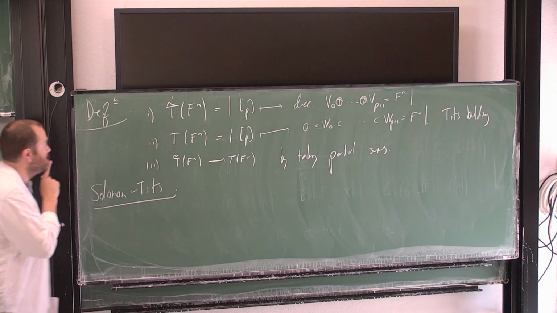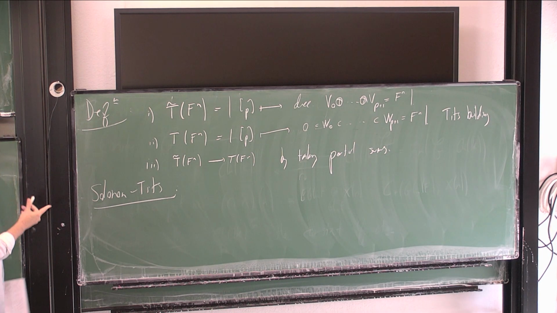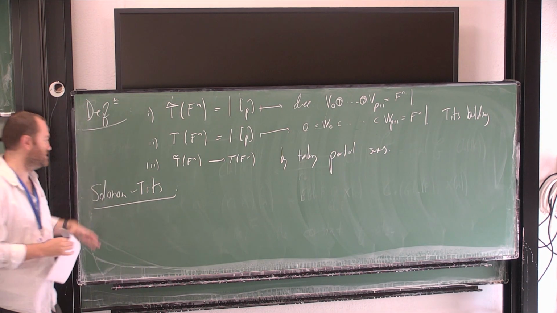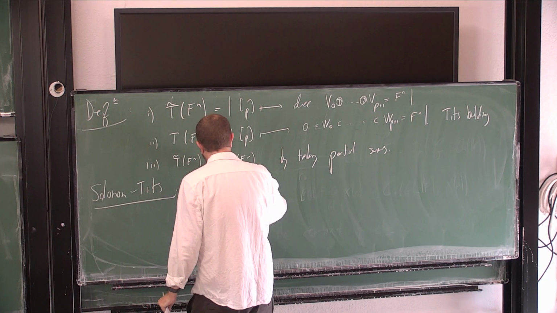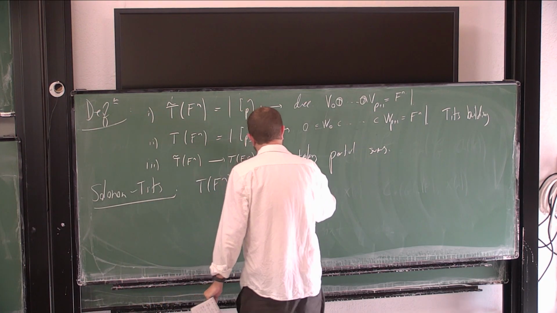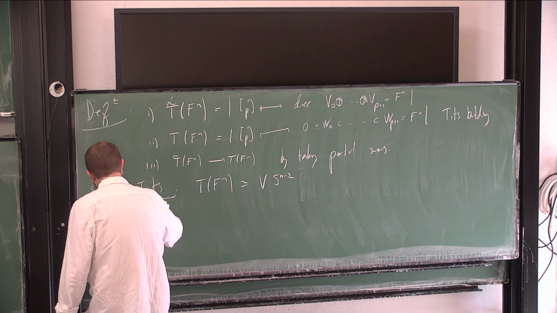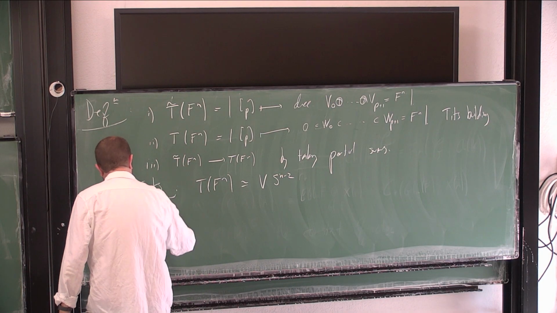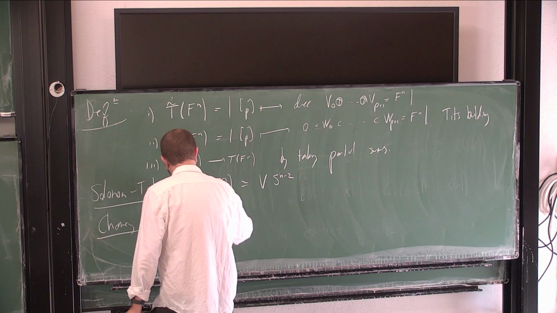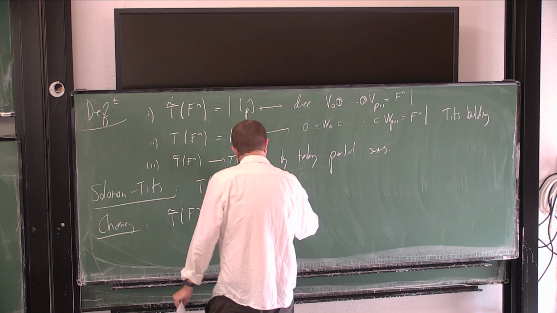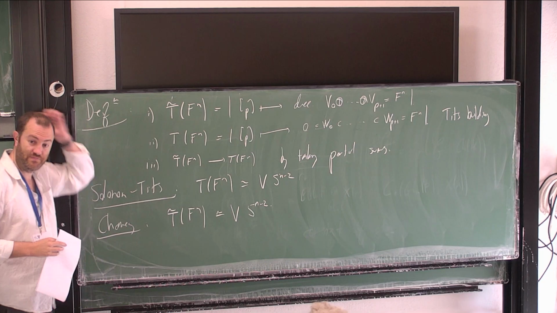As Jenny also said yesterday, the Solomon-Tits theorem says that T of Fn is a wedge of n minus 2 spheres. And the exact same thing for T tilde was proved by Charney. It's a different wedge of spheres, but it's also a wedge of S^(n-2) spheres.